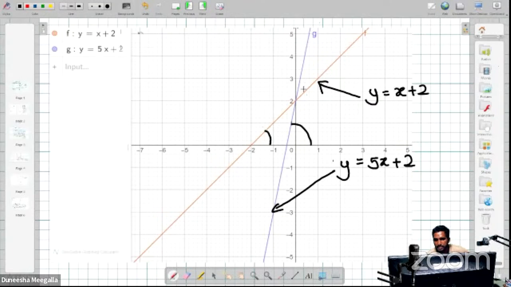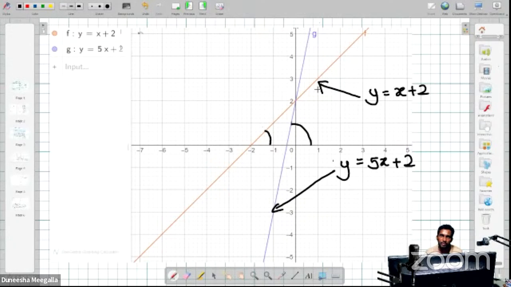Its gradient is increasing, the slope is increasing also. So that is what we looked at here: same intercept and different gradient.